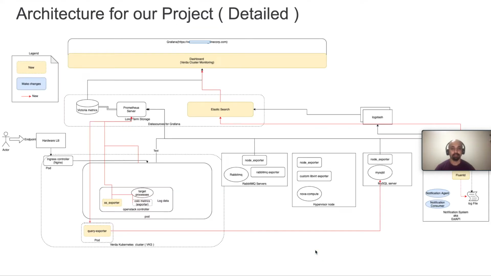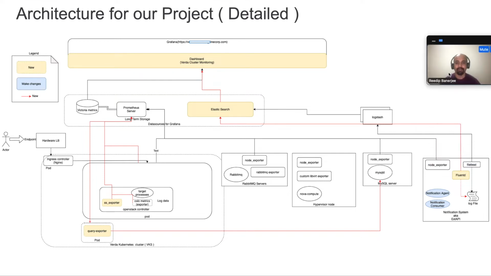This is more of the detailed description. So as you can see here, we have added multiple exporters. This is the actual architecture. For example, you can see that we have an Oslo metrics exporter, which is an exporter used for the Oslo libraries in OpenStack. We have an SS exporter, a query exporter.